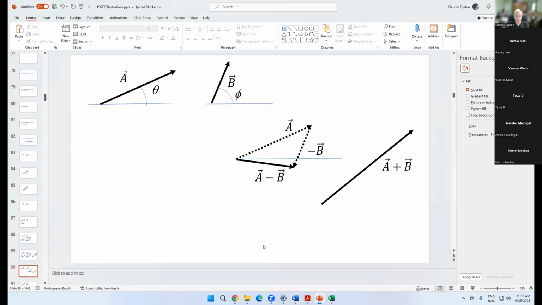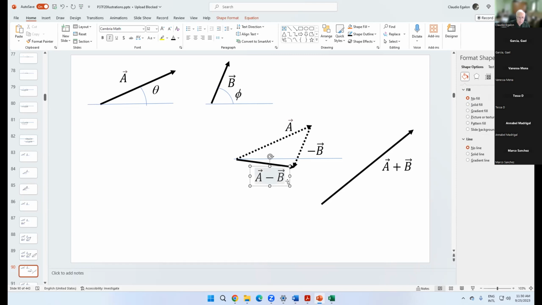That's just a summation. The subtraction of the vectors is done in a similar way. I already discussed that with you, right? So what is the subtraction of two vectors? It is nothing but the summation between one vector and the negative of the other one.